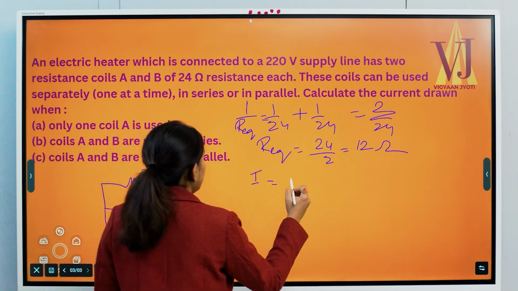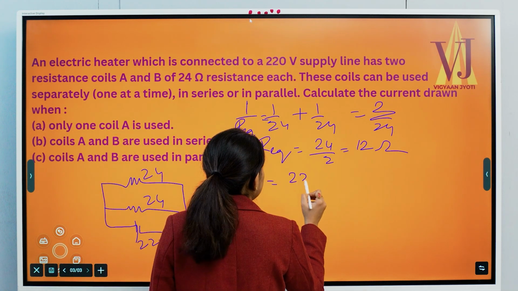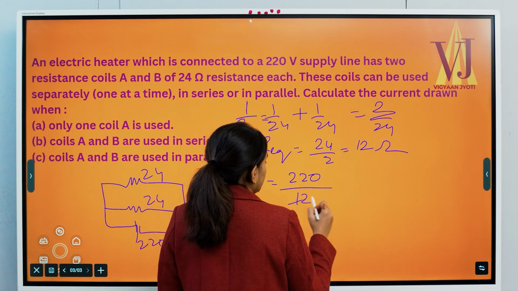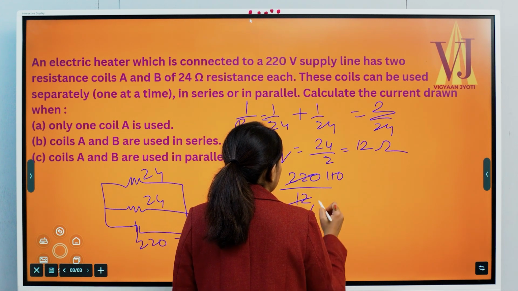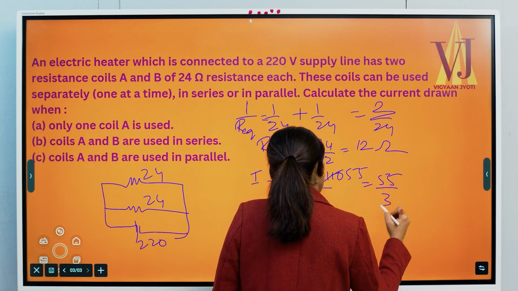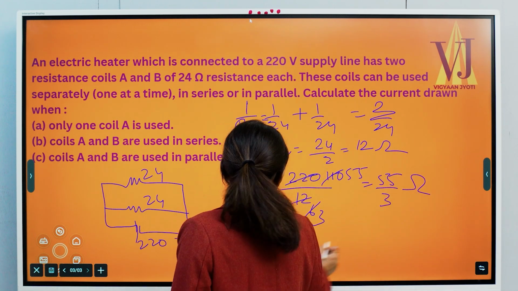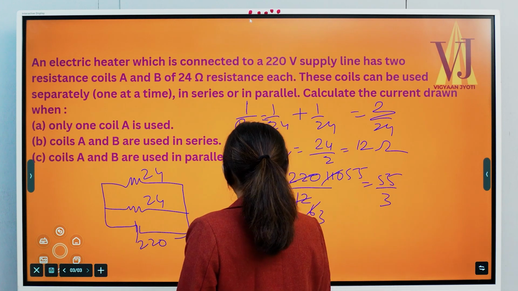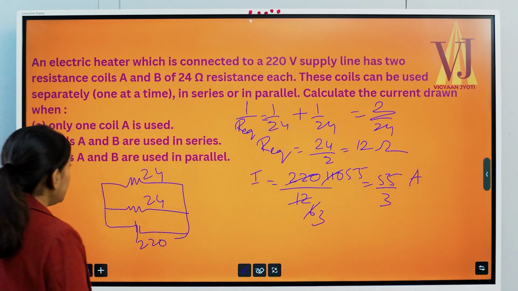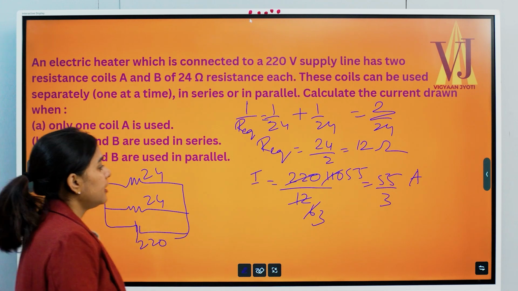That means current will be voltage, it's 220, and my equivalent resistance is how much? Okay, this much. So 6 are 12, 2110. So it's 55 by 3 ampere. Fine. So we have seen in parallel my current drawn is 55 by 3.